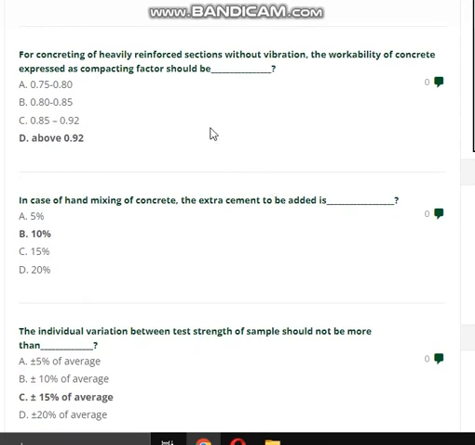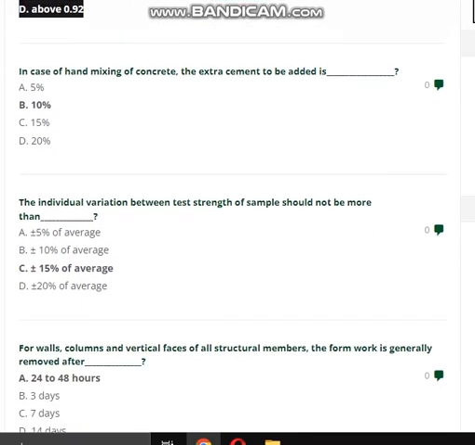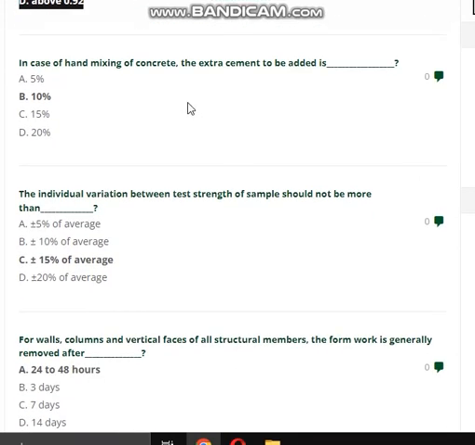For concreting of heavily reinforced section without vibration, the workability of concrete expressed as compacting factor should be above 0.92. In case of hand mixing of concrete, the extra cement to be added is 10%. The individual variation between test strength of samples should not be more than plus minus 15% of average.